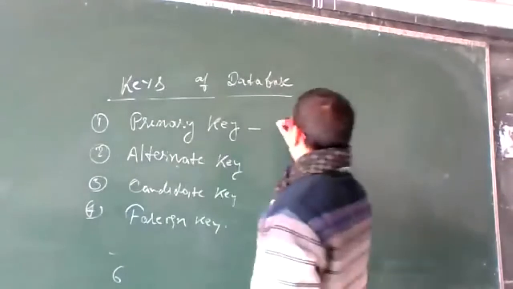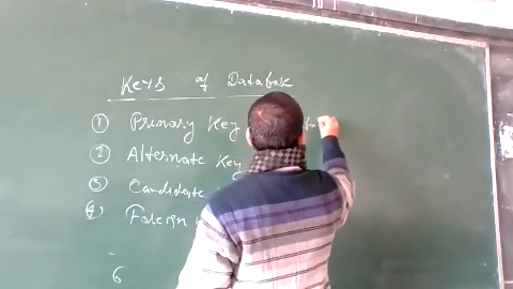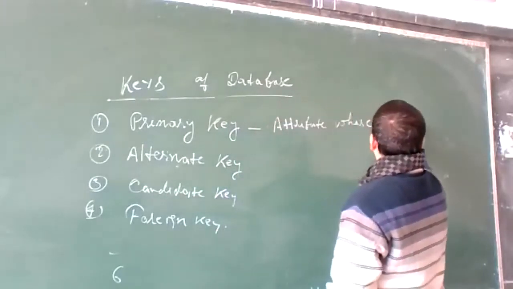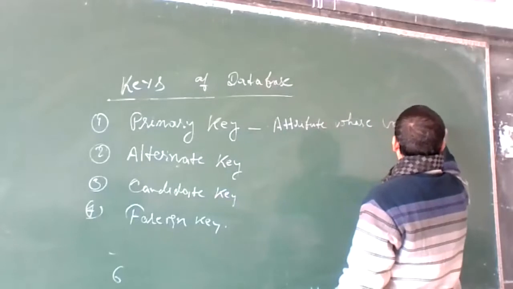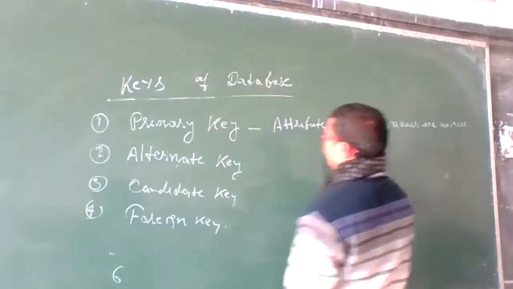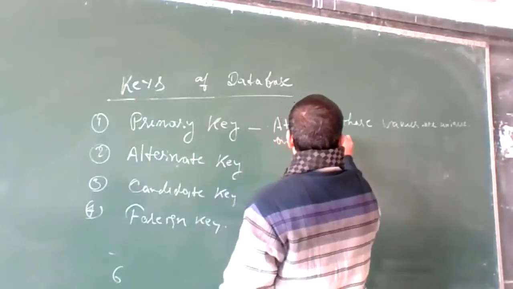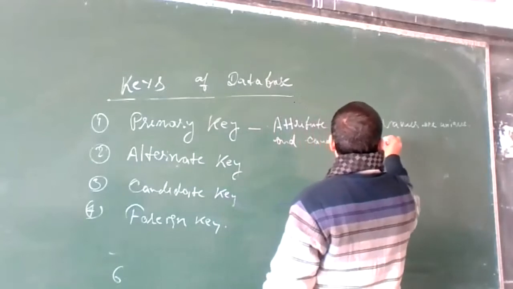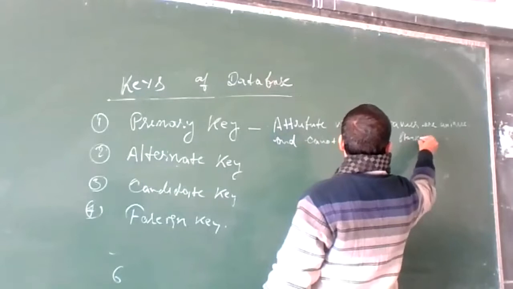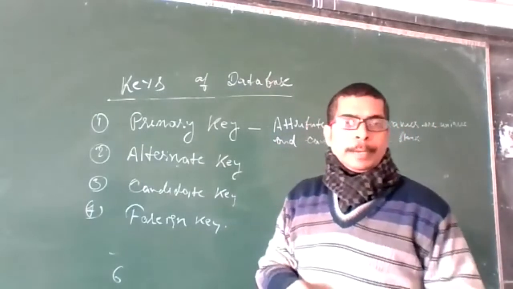An attribute whose values are unique and cannot be left blank is called a primary key. Then we have alternate key.